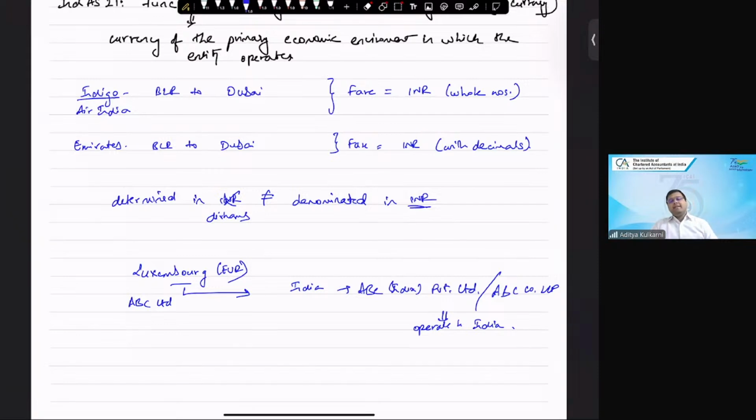Suppose you have an entity which is incorporated outside India, but it is operating in India. It delivers consultancy services, assurance engagements from India. So how are they going to price their service? Which currency determines that pricing? Euro? Think and answer.